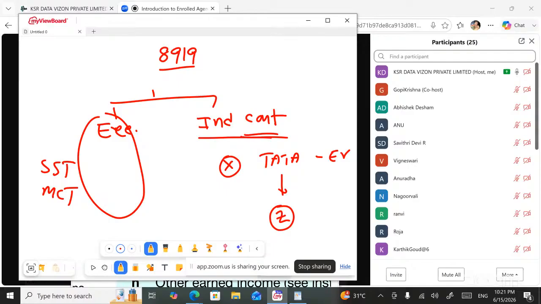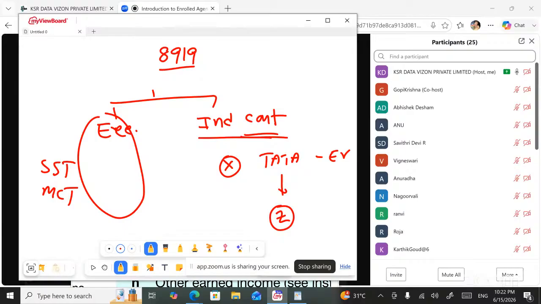Actually, according to law, the relationship between the Tata company and Z is an employer and employee relationship. So automatically, salary, social security tax, and Medicare tax are applicable.